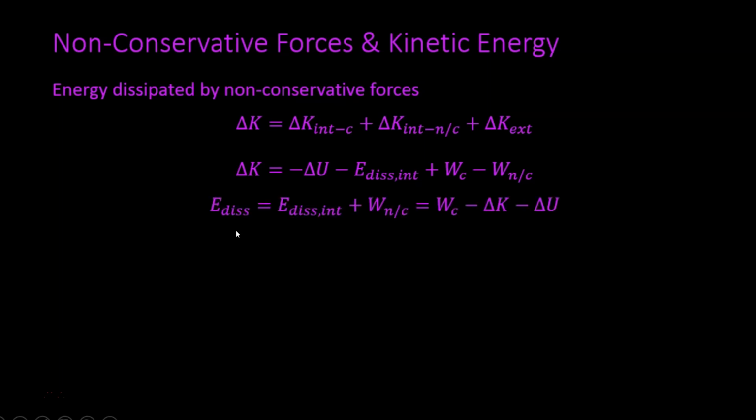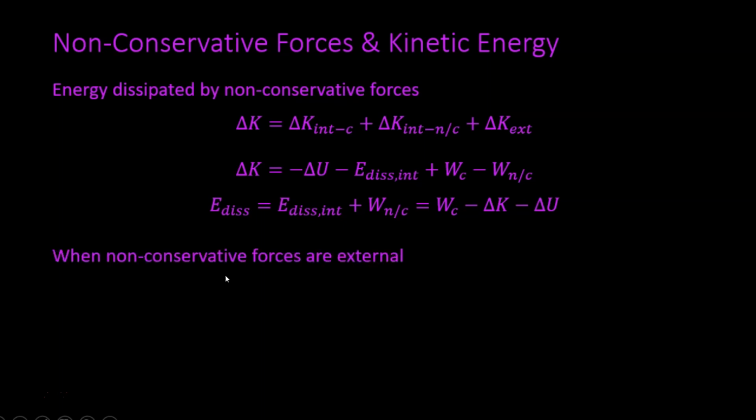We can rearrange this and come up with the total energy dissipated is equal to the energy dissipated by the internal non-conservative forces plus the work performed by the external non-conservative forces. And that in turn is equal to the work performed by the external conservative forces minus the change in kinetic energy minus the change in potential energy.